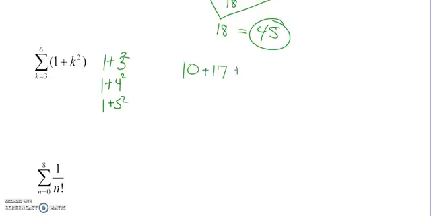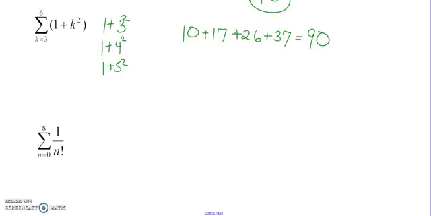And my last term is going to be 37. This one I can't use the same trick as in the last one, so I'll just have to add it up. Let's see, that's 37, 47, 57, 63, 73, 83, 90, I believe.